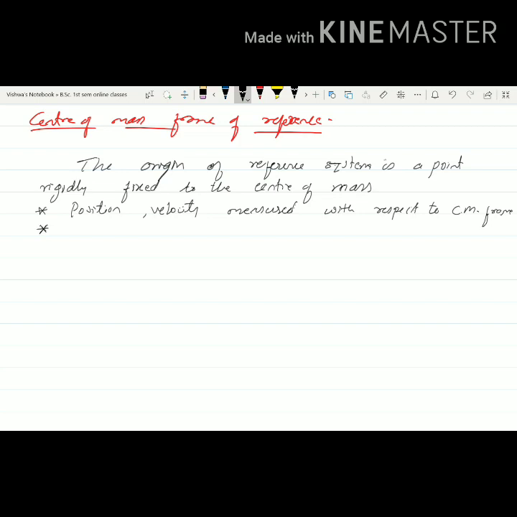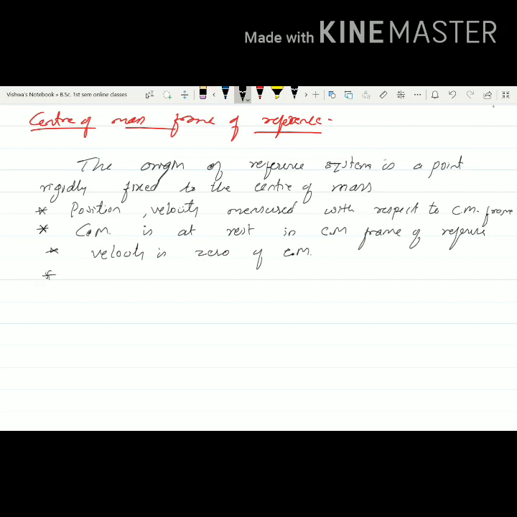It means the center of mass is at rest in the center of mass frame of reference. That means the velocity of the center of mass is 0. Okay. Velocity is 0 at the center of mass.